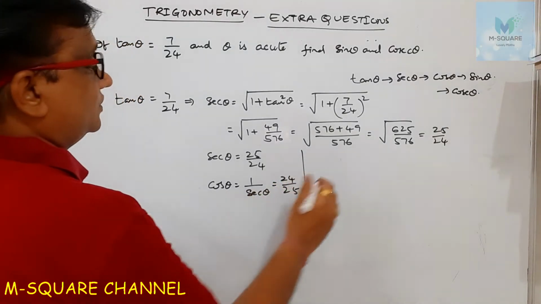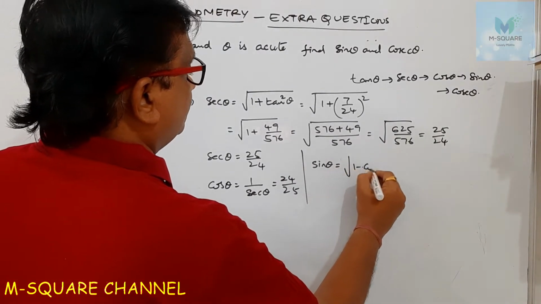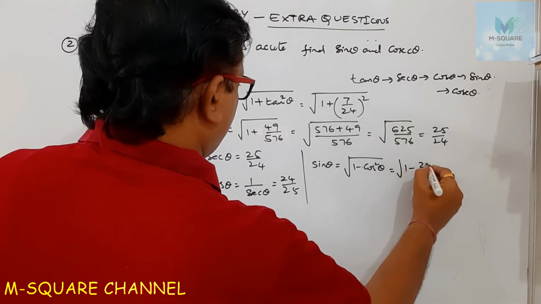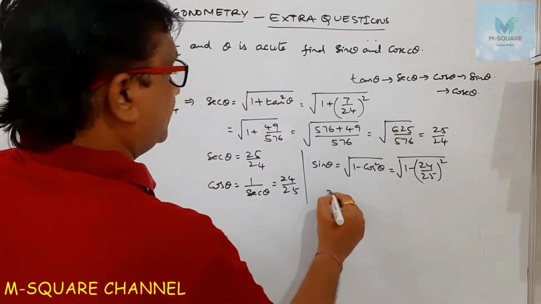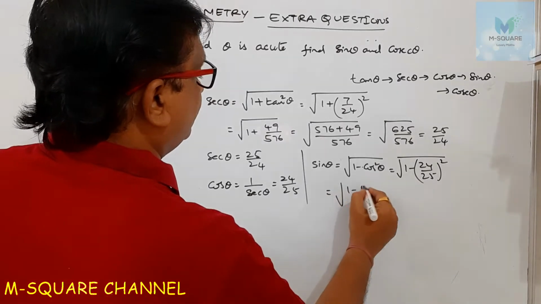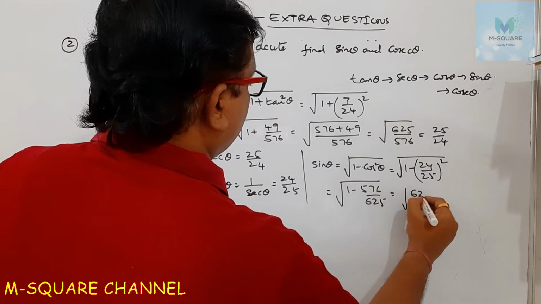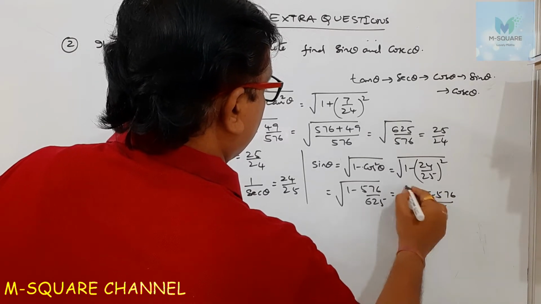What is sin theta? Sin theta equal to root of 1 minus cos square theta. So root of 1 minus (24 by 25) whole square. So root of 1 minus 576 by 625. So root of (625 minus 576) by 625.